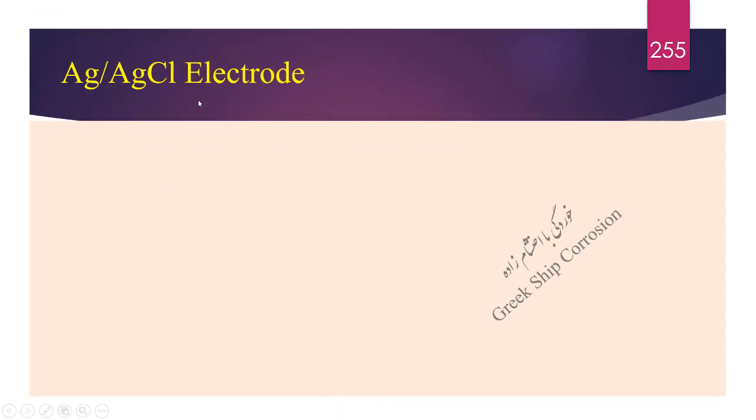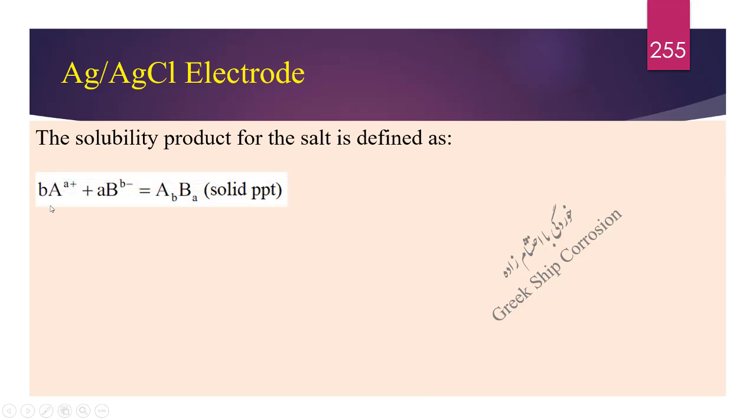Silver chloride electrode. The solubility product for the salt is defined as b moles of A^(a+) plus a moles of B^(b-) equals A_bB_a solid precipitate. The product of the activity of the ions, each one raised to the stoichiometric coefficient in the reaction, equals Ksp.